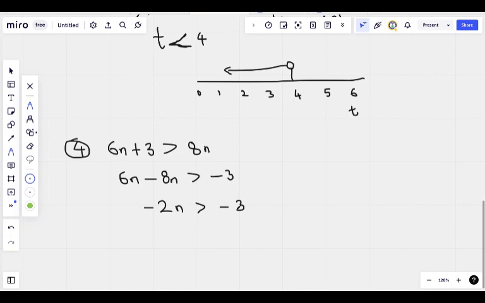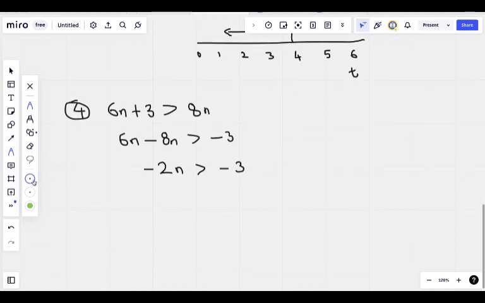So to find n, we have to divide both sides by negative 2. So when we do that, we have here divide by negative 2, and then we have here divide by another negative 2. So this cancels this.